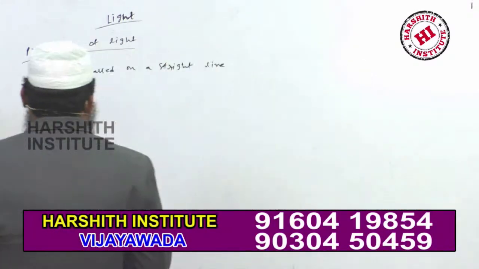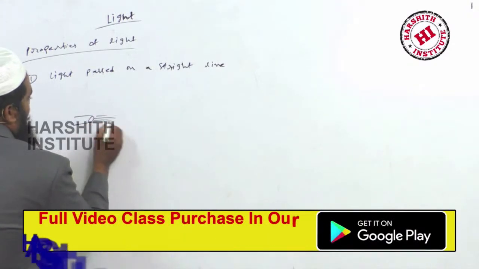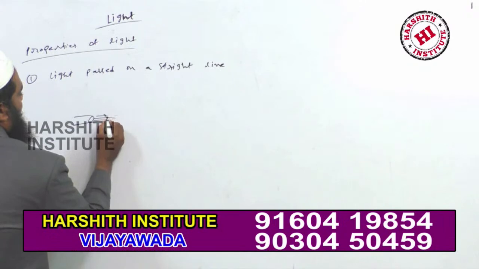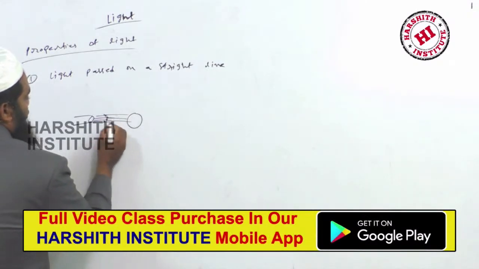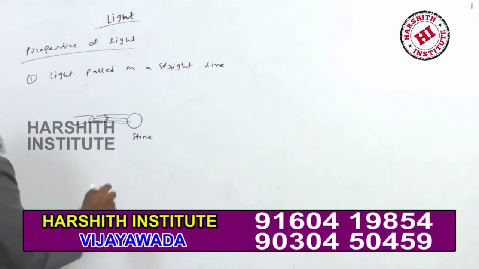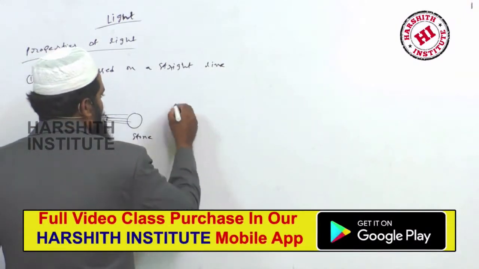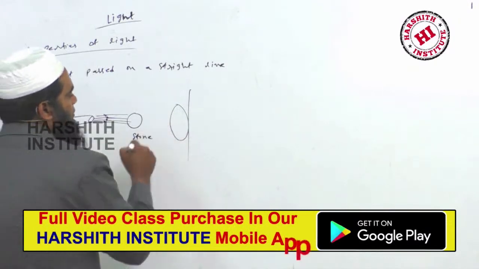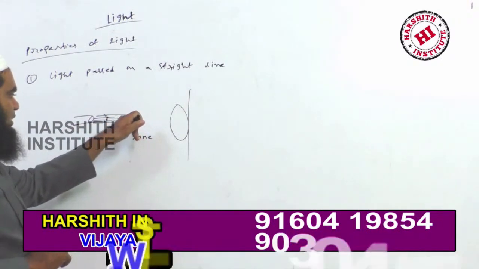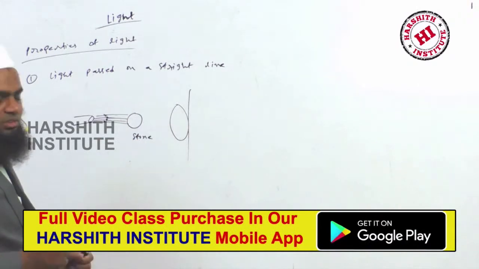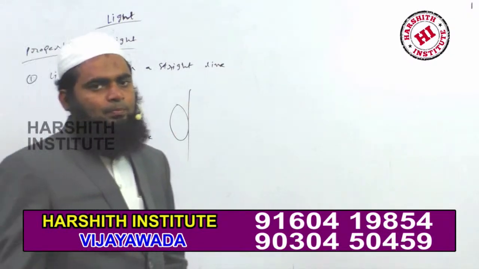For example, this is a light source. If the light touches an opaque object, like a stone, light cannot pass through it. Now behind this stone, a shadow will be formed on the screen. So when light passes onto an opaque object, a shadow is formed. If the light went in some curved direction, this shadow would not be formed.